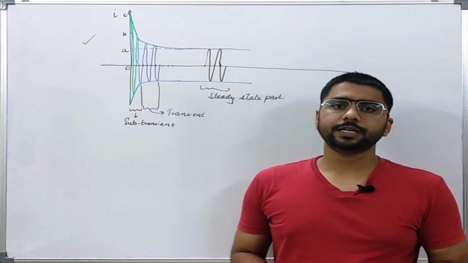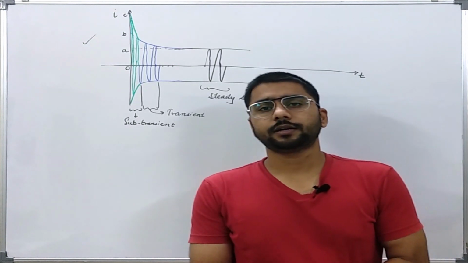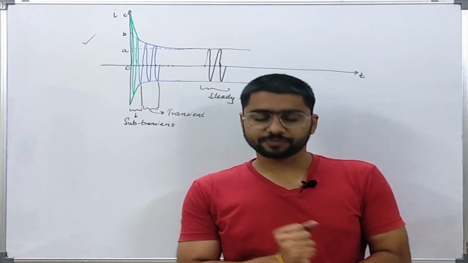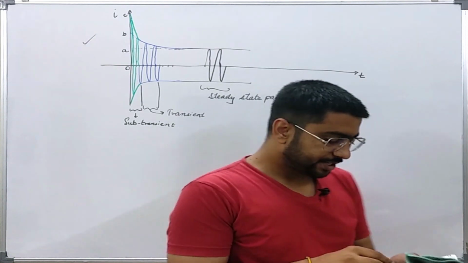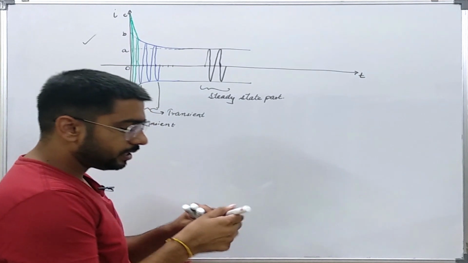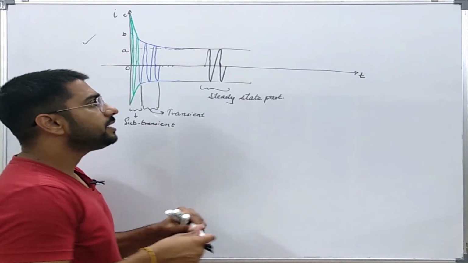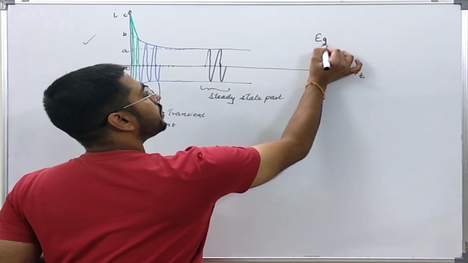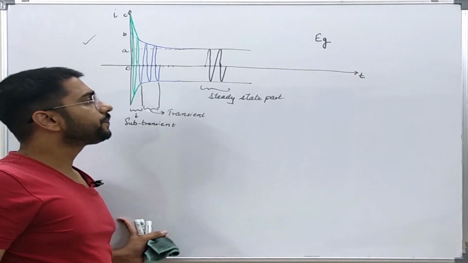Now let us see the relation between the sub-transient reactance and the leakage reactance of a synchronous machine. Initially, when the machine is at no load, the air gap EMF is equal to the no load generated voltage EG.